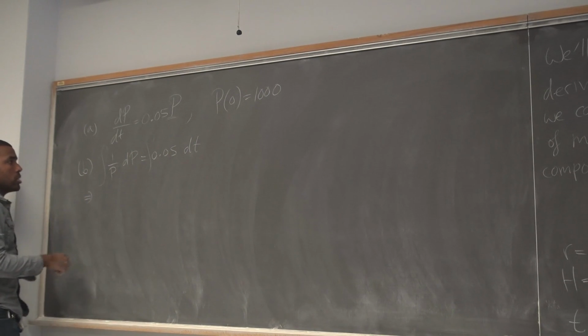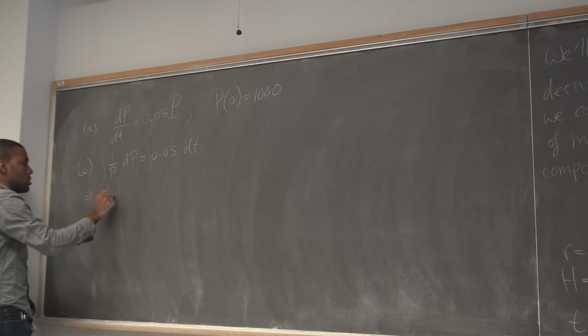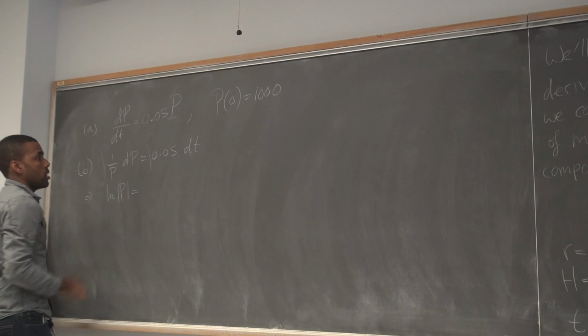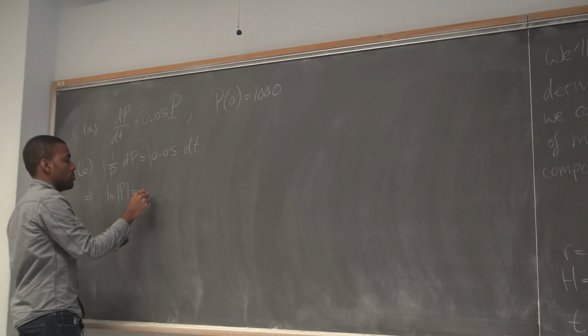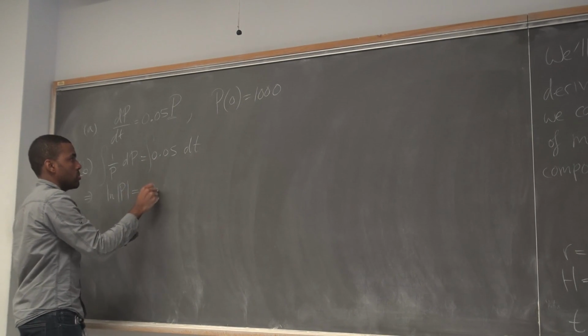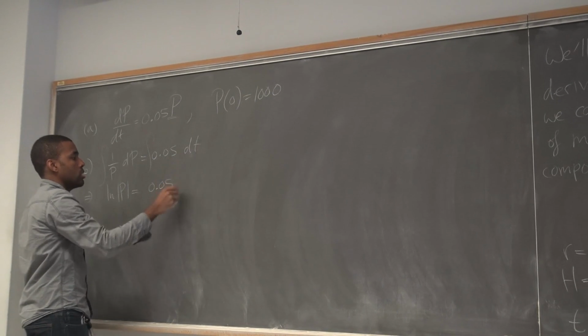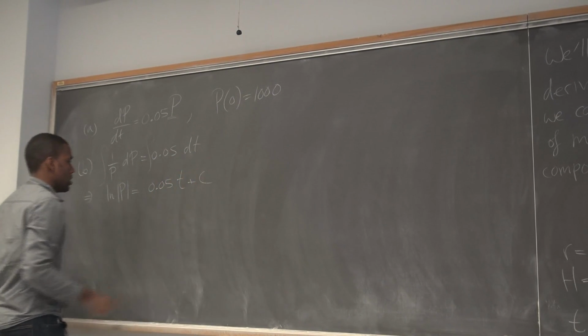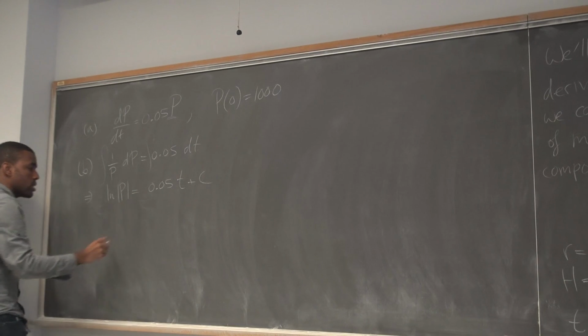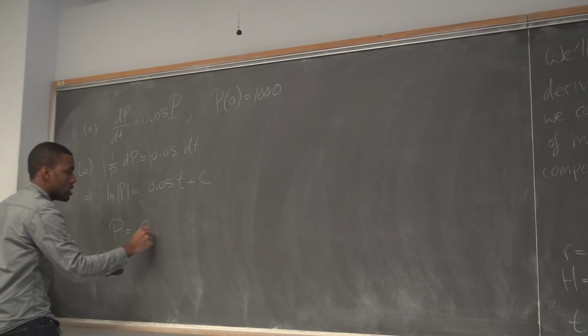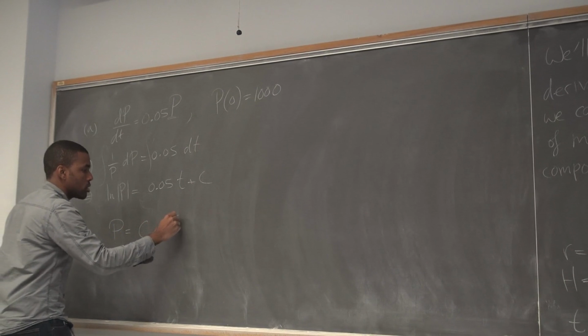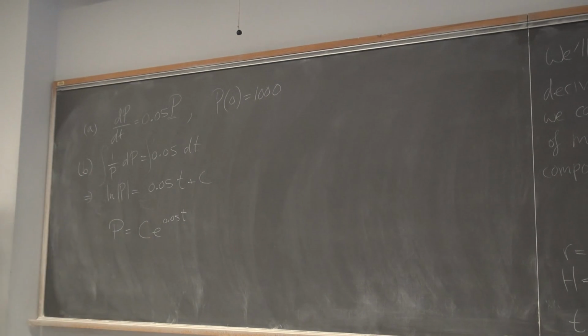The integral of 1 over P is ln P, and the integral of 0.05 is 0.05t. T is the variable we're using. Now I solve for P, I raise both sides to the e, so I get P is equal to C e to the 0.05t. Which is the PERT formula. This is where it comes from.